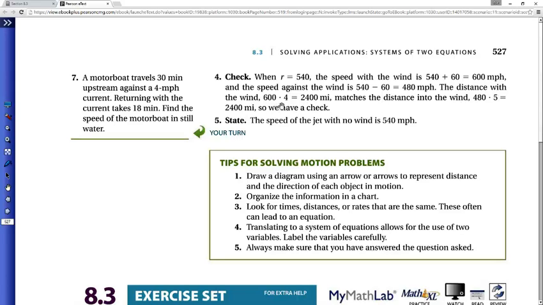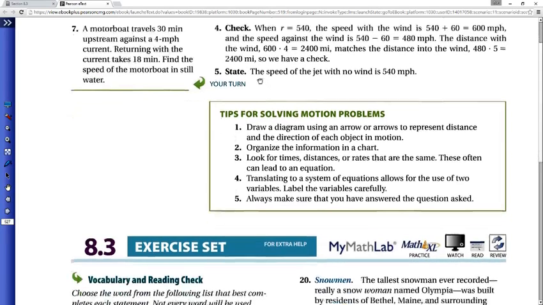If it goes 600 miles an hour for 4 hours, it would go 2,400 miles. And if it went 480 miles an hour for 5 hours, you'd go 2,400 miles. So the speed of the jet with no wind is 540 miles per hour.